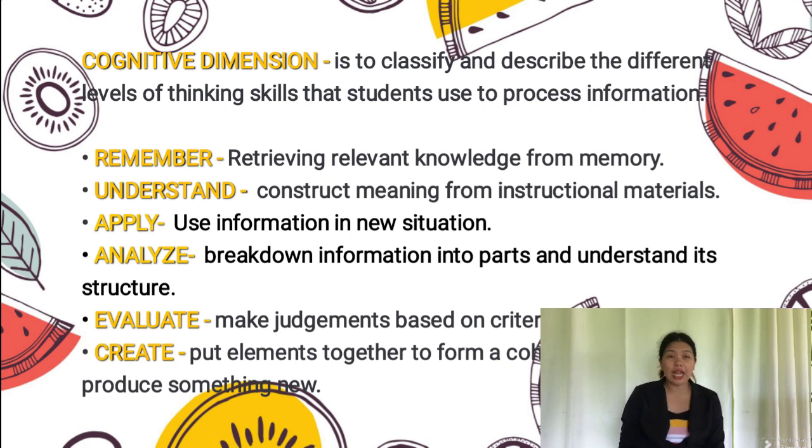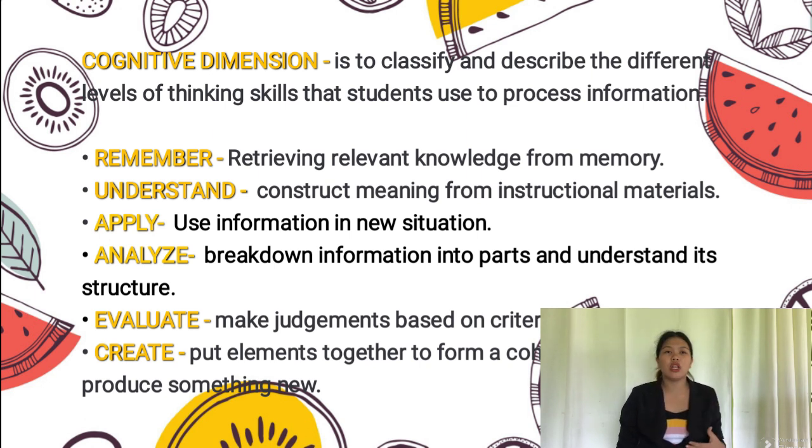Now, the third level is apply. It uses information in new situations. So after constructing, they will apply those ideas to construct new ideas to be put into a new situation. Now, the fourth level of cognitive knowledge is analyze. It breaks down information into parts and understands its structure.